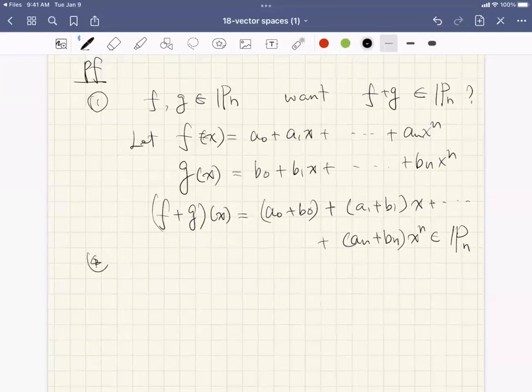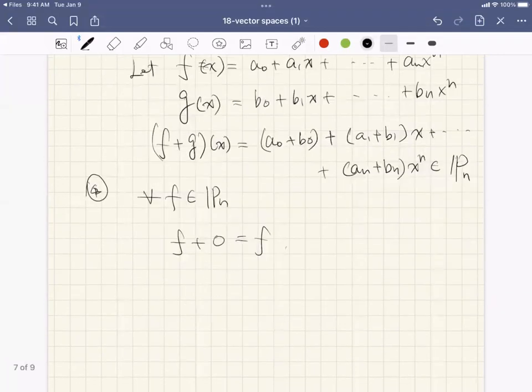And number 4 is the zero vector. So for any f in Pn, f plus 0, where 0 is of course in Pn, as a degree 0 polynomial, is f. So this proves the existence of the zero vector.